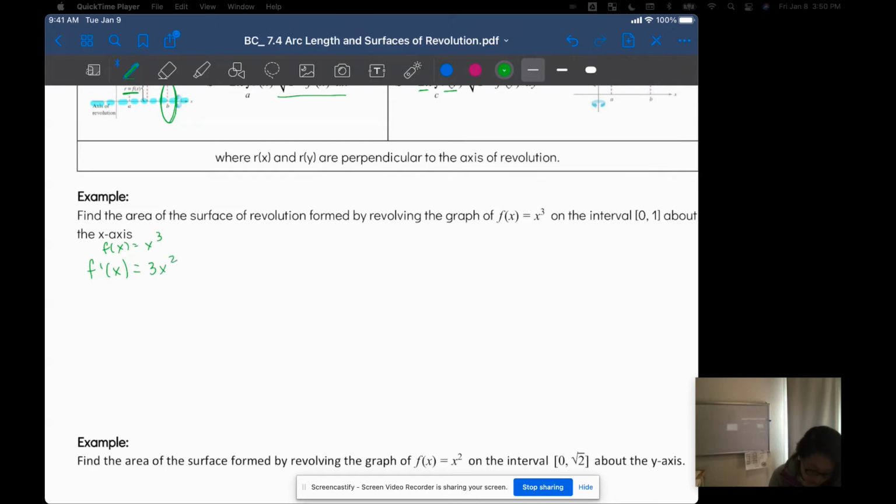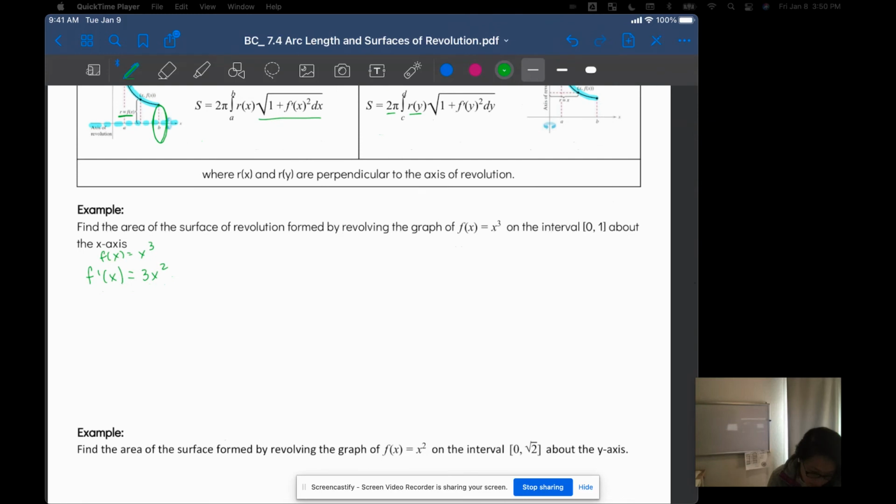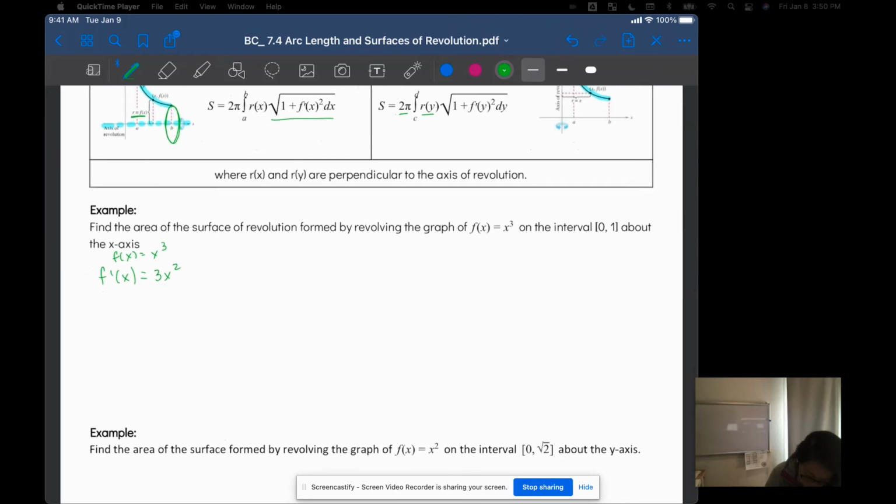And then my bounds are from 0 to 1, so a is 0 and b is 1. And finally, we need the r value.